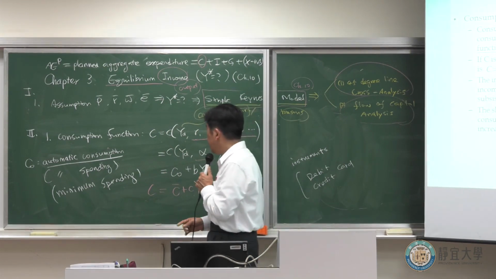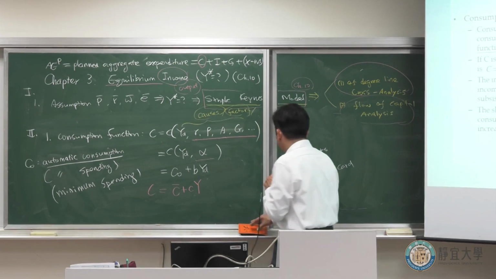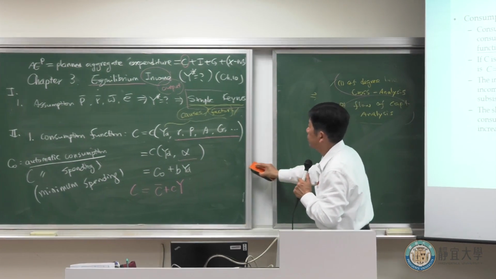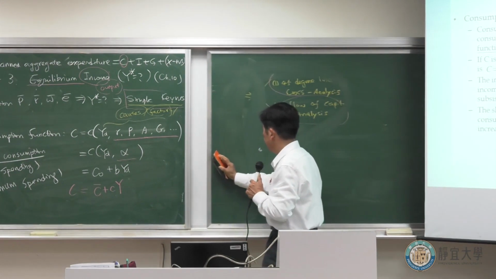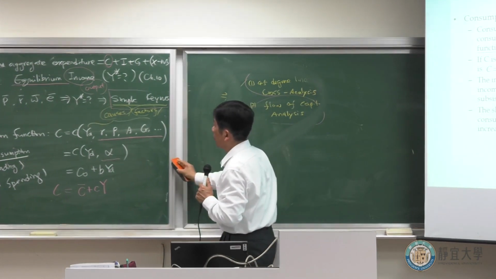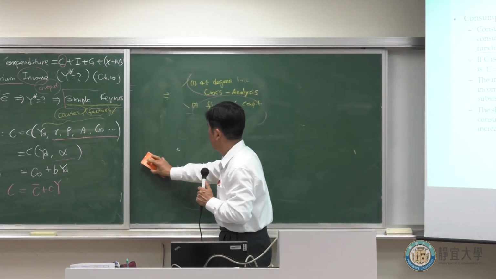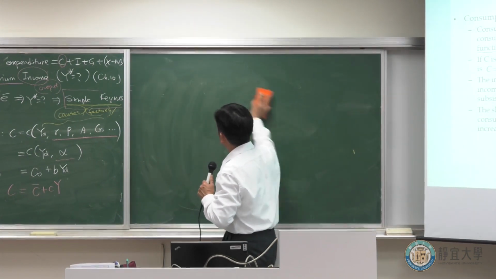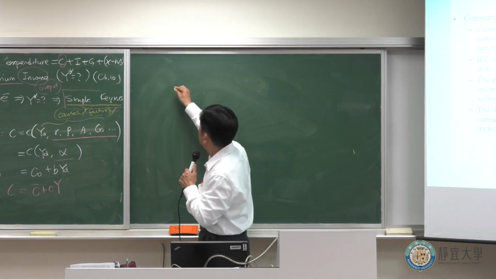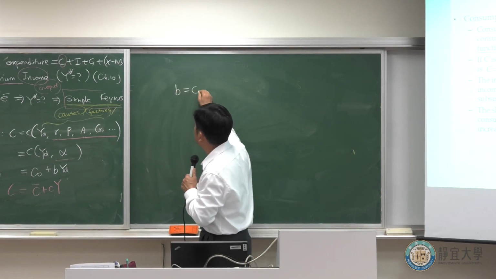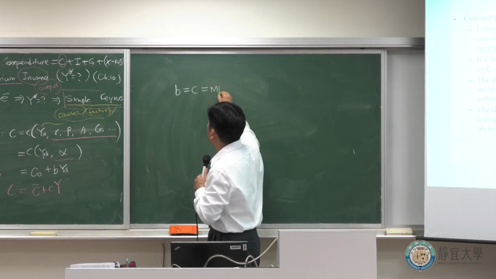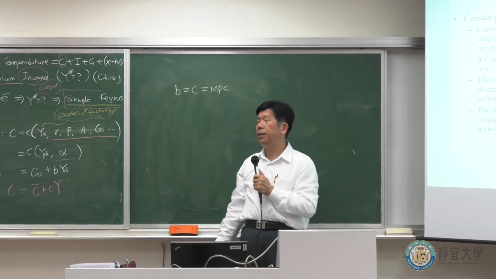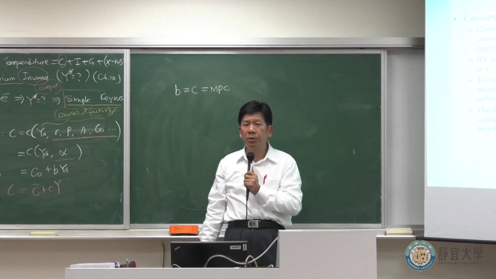And after that, we also try to understand that the small b or small c is what we call MPC. It means marginal propensity to consume.